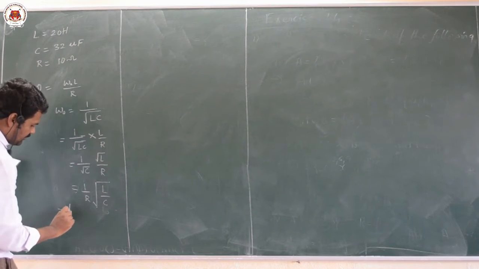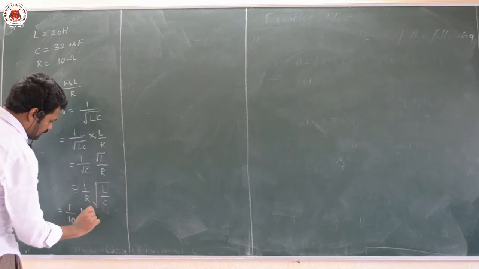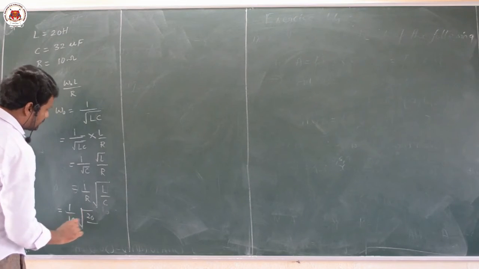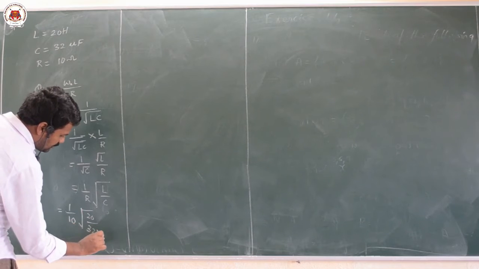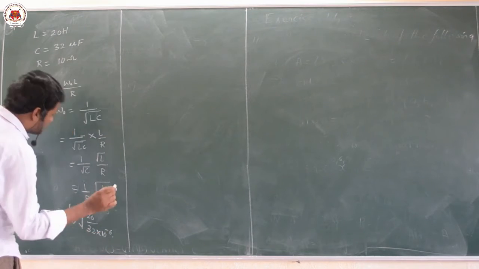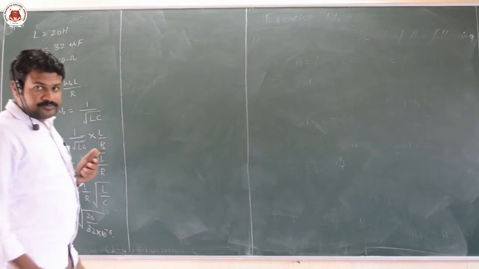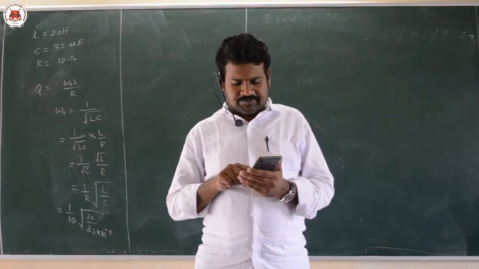So this will become 1 by 10 into root of 20 by C, where the C value is 32 into 10 power minus 6. Just divide and take the root, and you will get the answer.